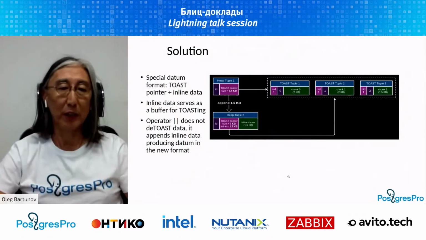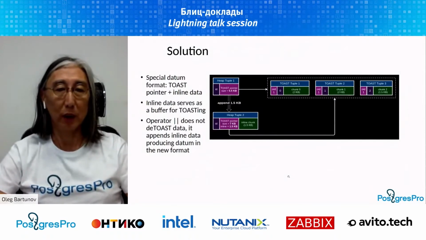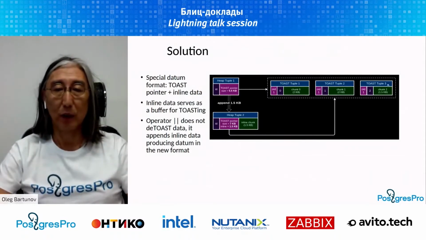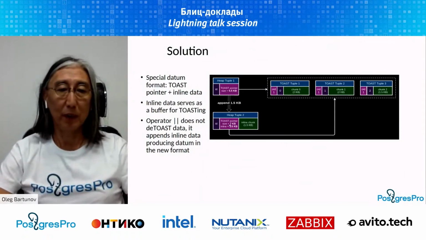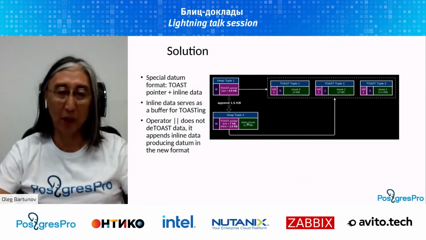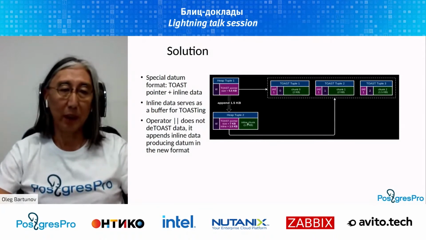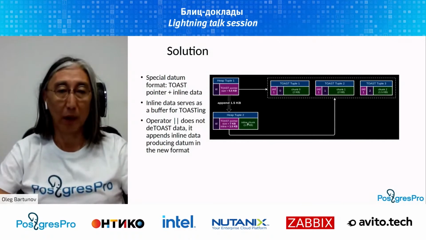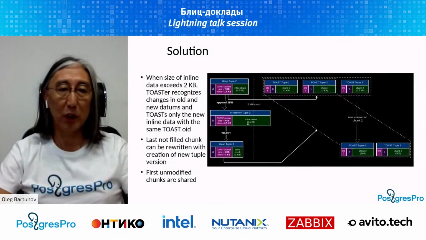So, for instance, if we added 1.5 bytes, that fits inline. The old chunks are shared, so new ones are not appearing. We want it to be like that, with some link or reference appearing. And in the record itself, we are keeping this small bit that is added.